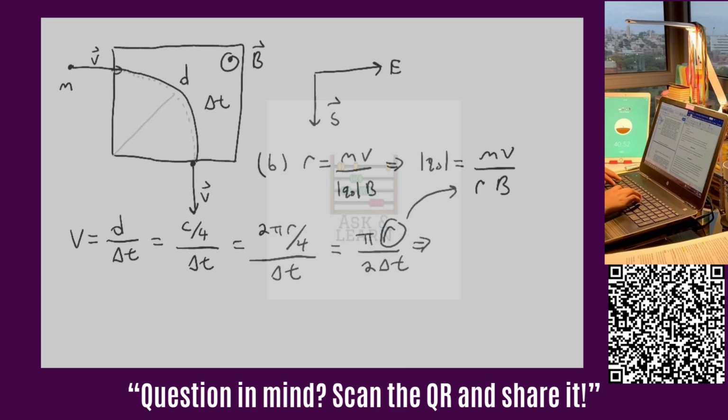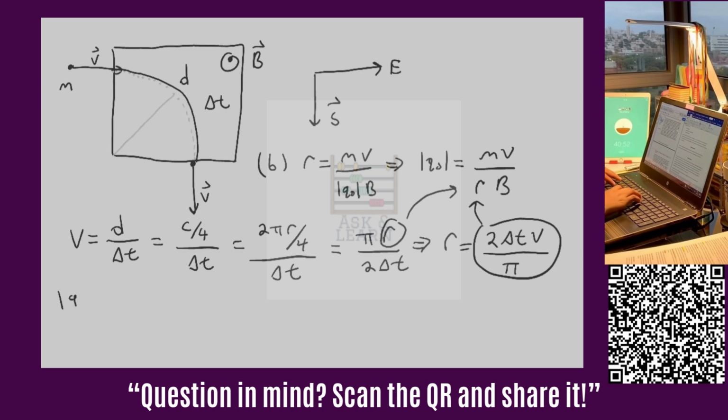Solving for r real quick, we get 2 times the delta t, how long it's in that region of space, multiplied by the velocity, all divided by pi. So we're going to take this expression, plug it in, and then we're going to be able to get our answer.